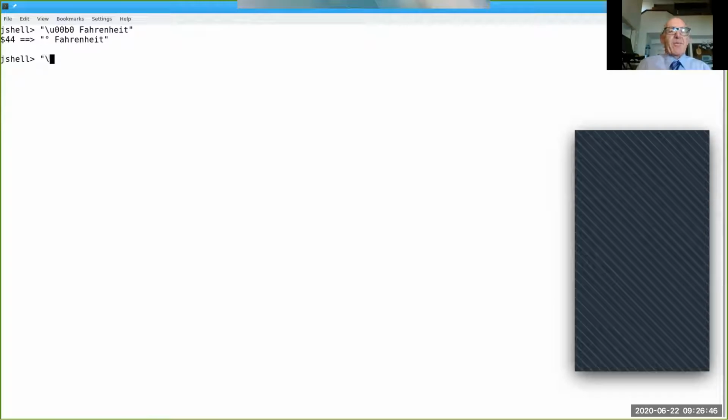Let's just see what happens if I say this. Now, whenever you see something that looks like this empty box, that means that either it's not in your font or there's nothing for it in Unicode.